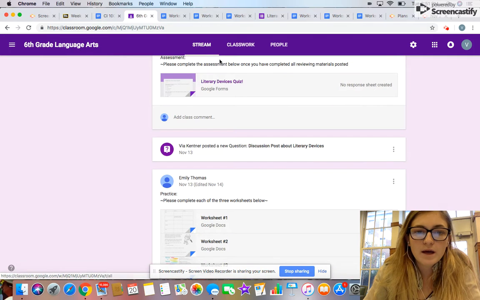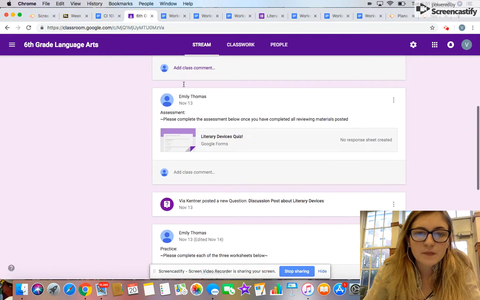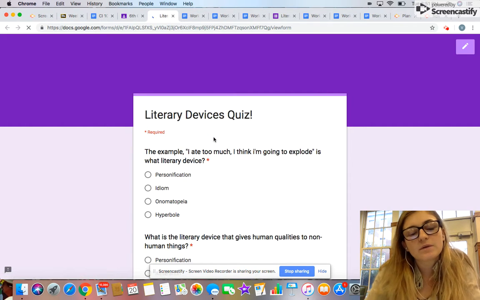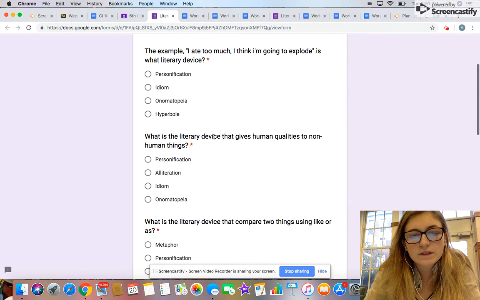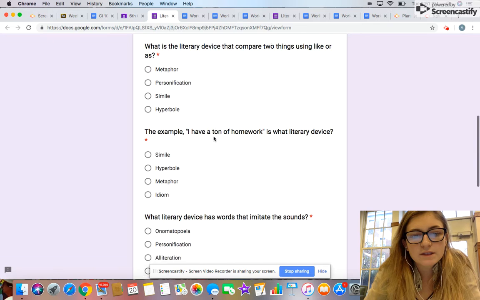So if we go back, then we have our final quiz, which we both made together. It's more of a simple quiz, just because they got a lot of practice with the worksheets, so we decided to make the quiz just a teeny bit easier.